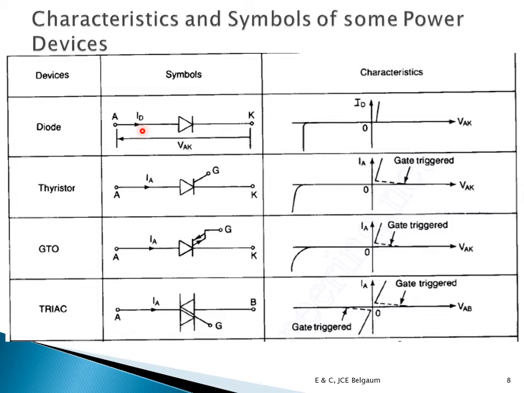Diode has anode and cathode, and let's say the current flowing through it is ID. Sometimes they represent it as IA also. The voltage drop across these two terminals is VAK, and this is the characteristic. It operates in the first and third quadrant.